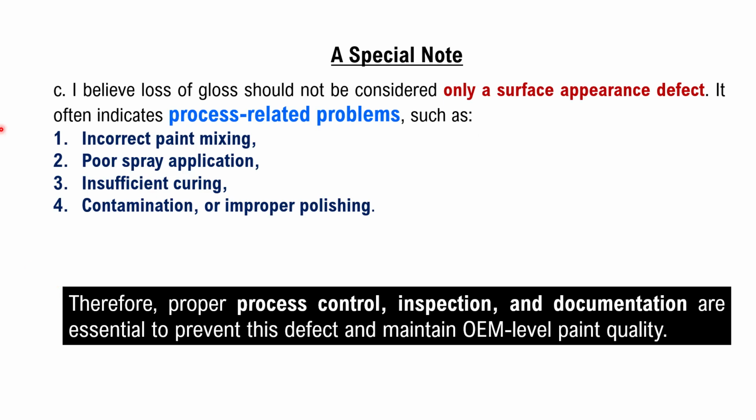We believe that loss of gloss should not be considered only a surface appearance defect. It often indicates process related problems such as incorrect paint mixing, poor spray application, insufficient curing, contamination, or improper finishing or polishing.